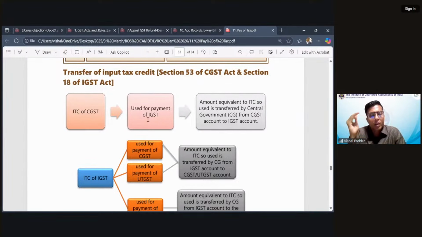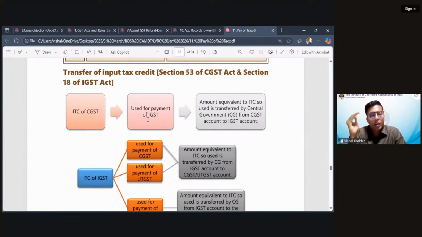Next, ITC of IGST. When it is used for payment of CGST or where it is used for payment of UTGST, then the amount which is so utilized is transferred by the government from their IGST account to the respective CGST and UTGST account.